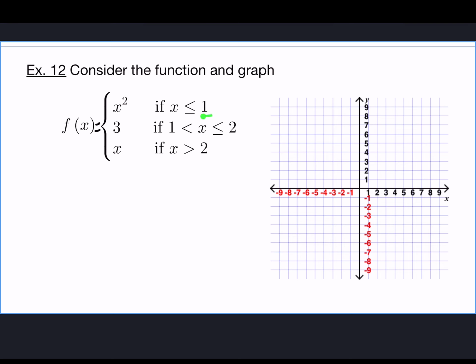So we're looking at values less than or equal to 1, and it's the square of those values. So I'm going to create a little table.